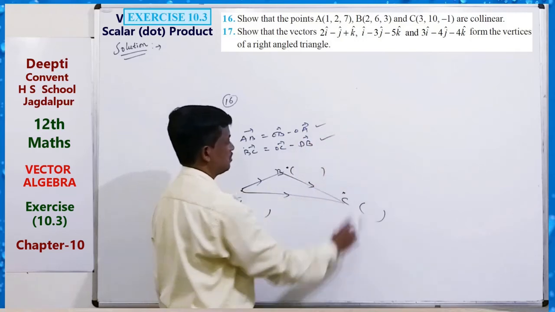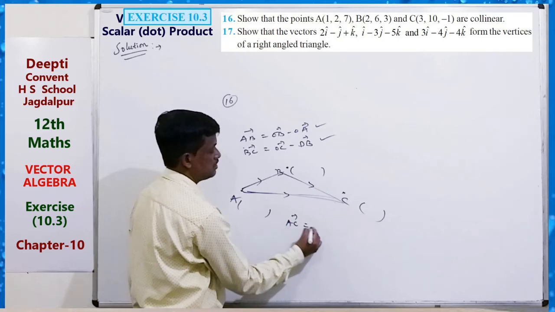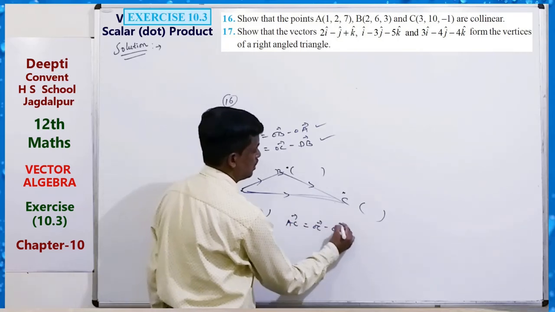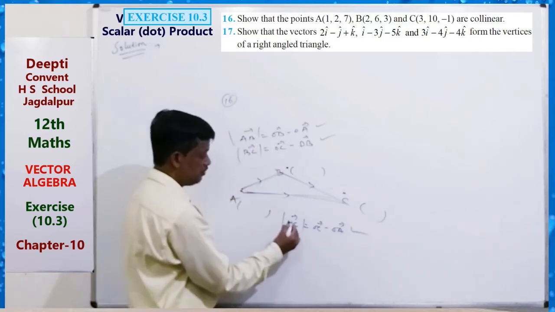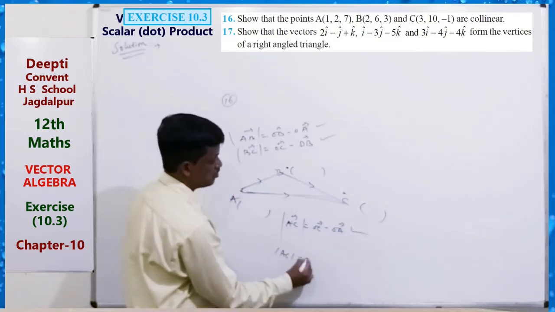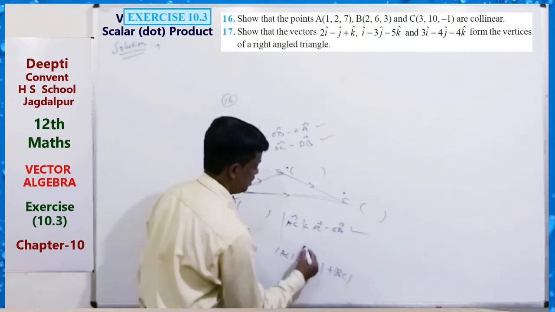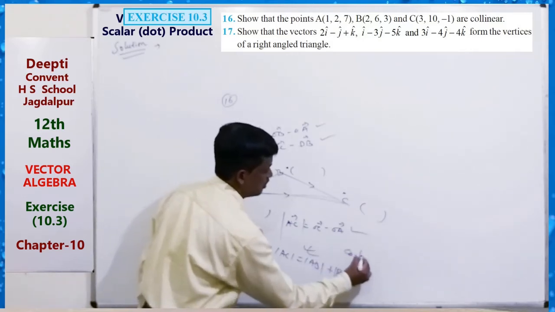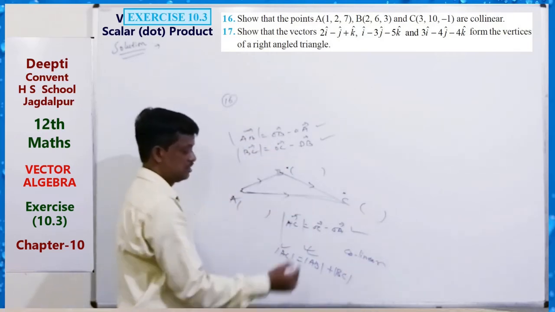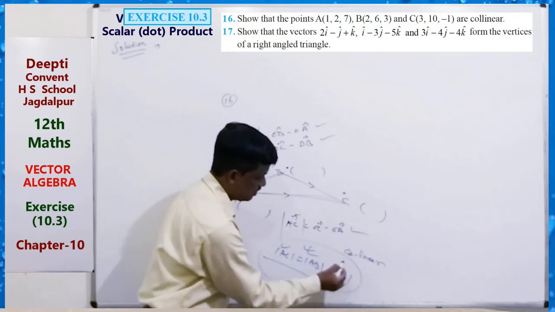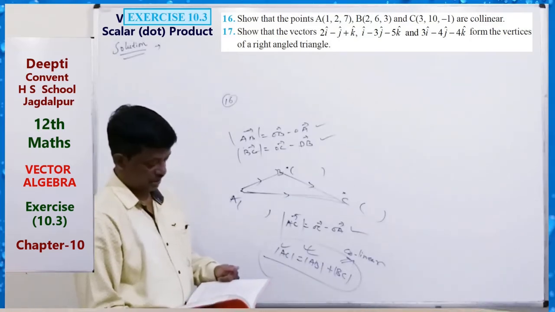Just find the vectors, and also AC can be found as OC minus OA, and take its modulus. If AC equals AB plus BC in modulus, then the points are collinear. Just check it. This implies collinearity.